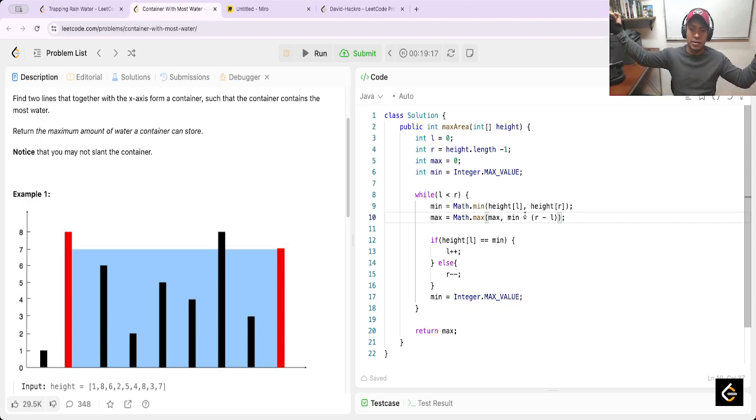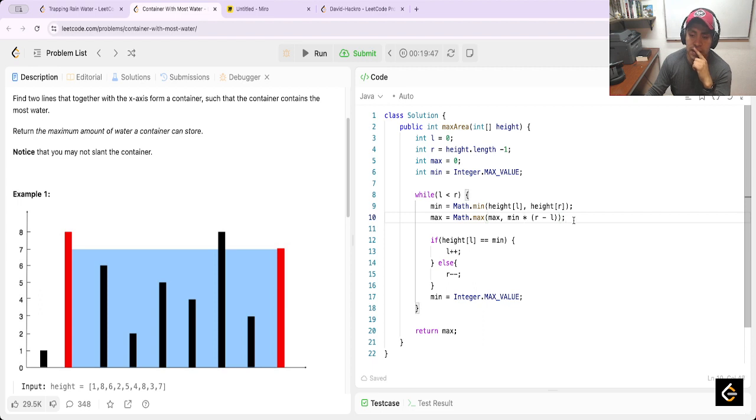What is the min? Is this. What is the max? No, the max is calculated with min multiplied by R less L. R is the last, in this case is 1, 2, 3, 4, 5, 6, 7, 8, 9, less 0 is 9, multiplied by the min that is 1.